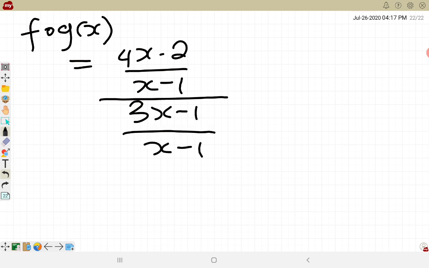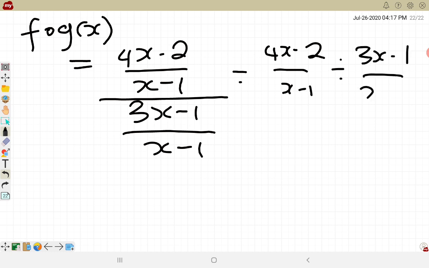This can also be written as 4x minus 2 over x minus 1 divided by 3x minus 1 over x minus 1.